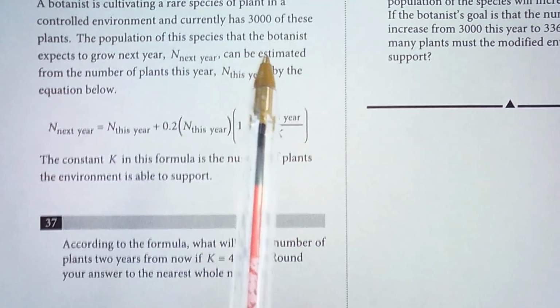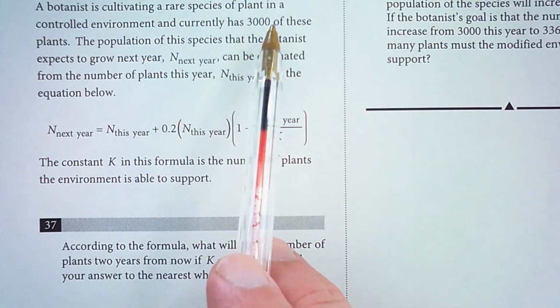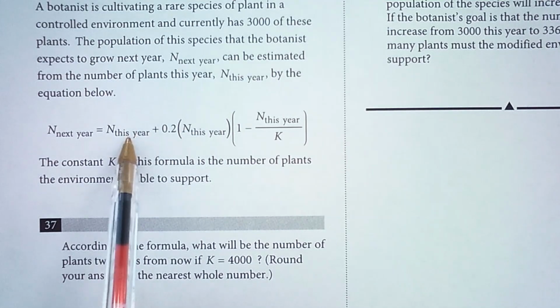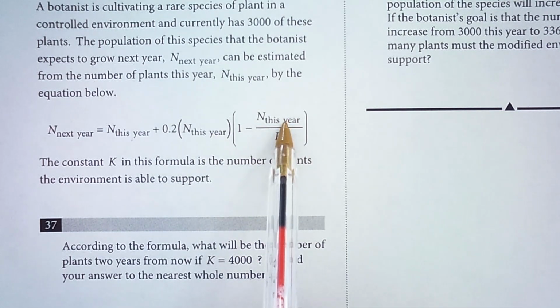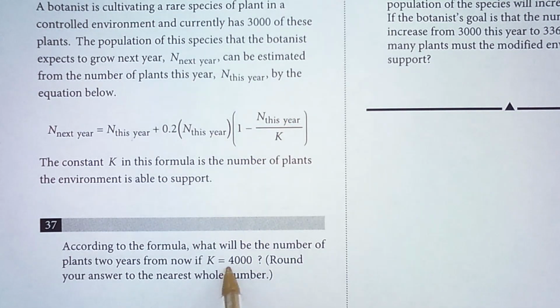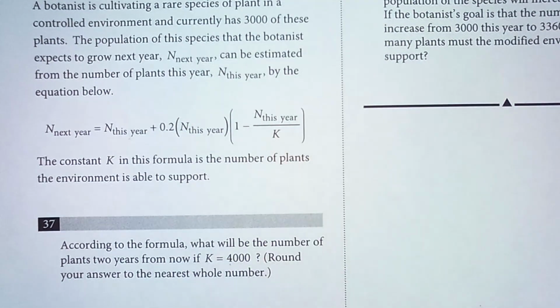So we have 3,000 plants currently, so that is N sub this year. That's 3,000. So that means this is also 3,000 right here. And this is 3,000. And in this case, then K is 4,000.